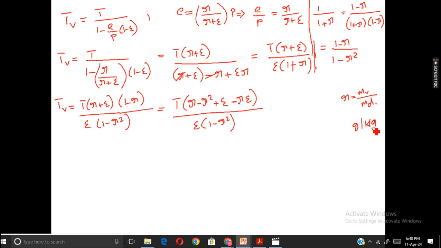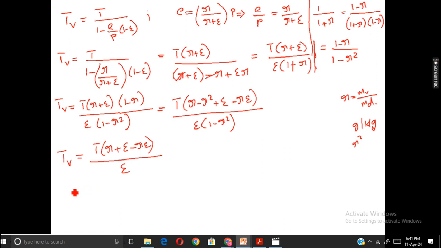So when we square these terms, R square will be very much less, such that we can ignore it. Because the value of R is very small, we can ignore the second order terms. So it will become T into R plus epsilon minus R epsilon by epsilon, ignoring the terms having R square.